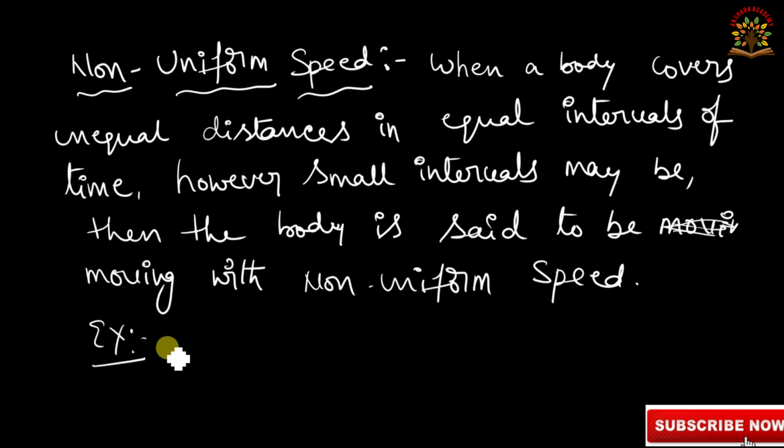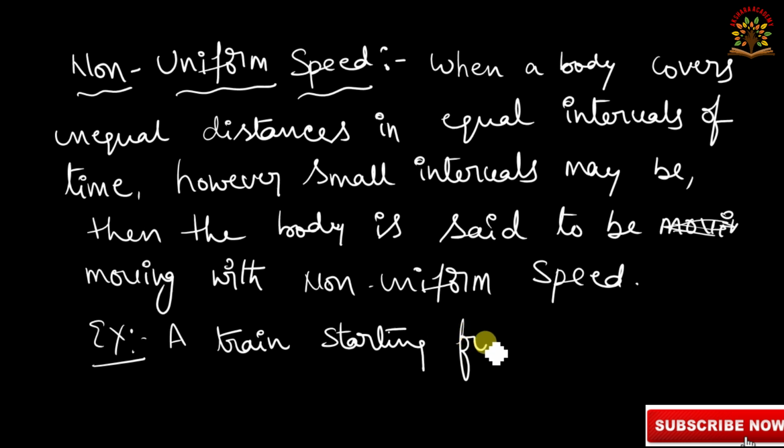Example, a train starting from the station. Starting, it is going slowly, and again when it is reaching the destination it moves very fast. So that is why a train starting from the station is an example for non-uniform speed. Next, average speed.